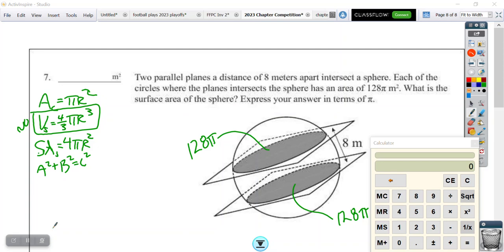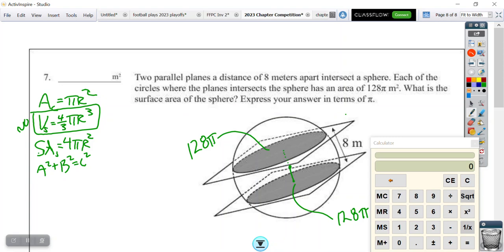That can only happen if each plane is equidistant to the center. So that means the distance from the center of the sphere to the center of this circle has to equal the distance from the center of the sphere to the center of this circle. That's the only way the areas of the two circles can be equal.